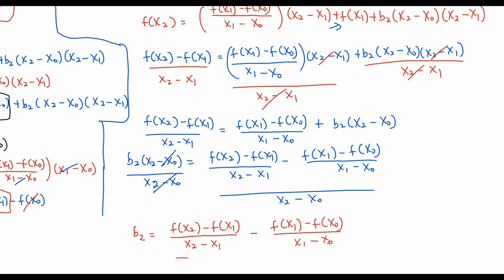All this divided by x2 minus x naught. So this will be b2.